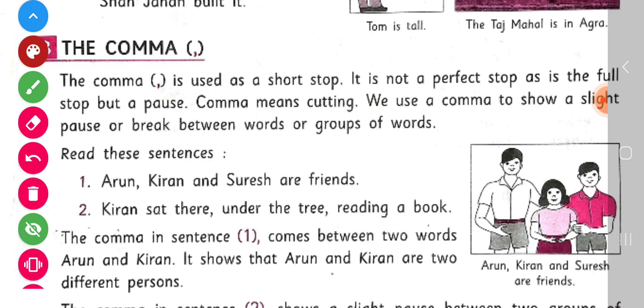So children, comma is a short stop. We can say this is the short form of a full stop. When we end the sentence, then we use full stop. What if we are not ending the sentence but we want a small pause?